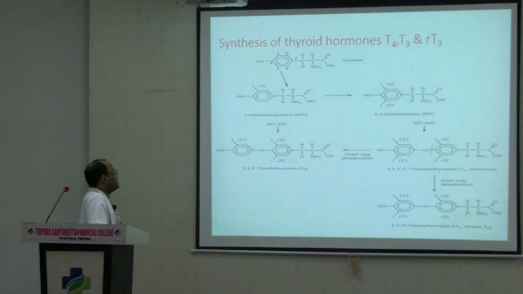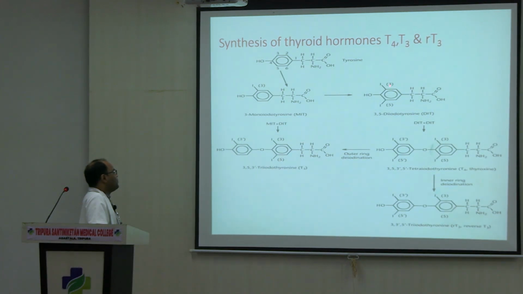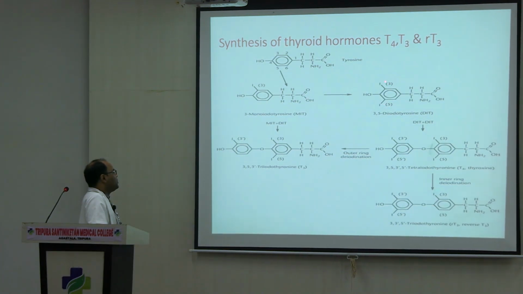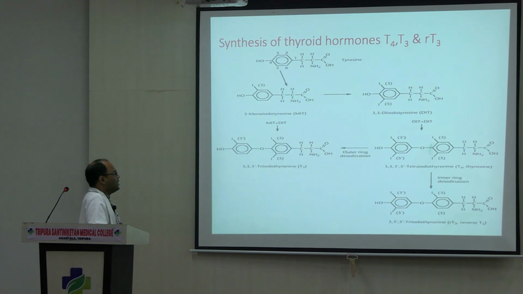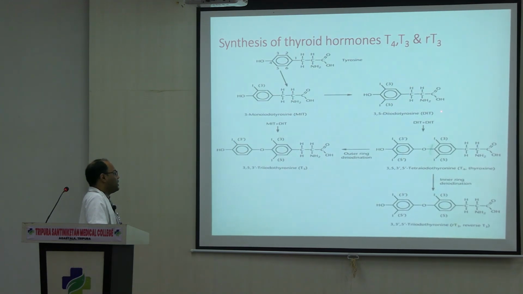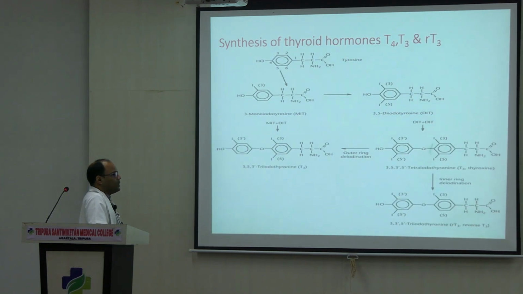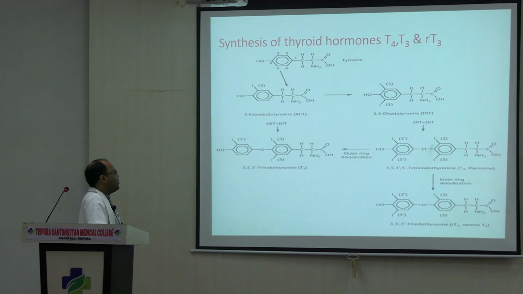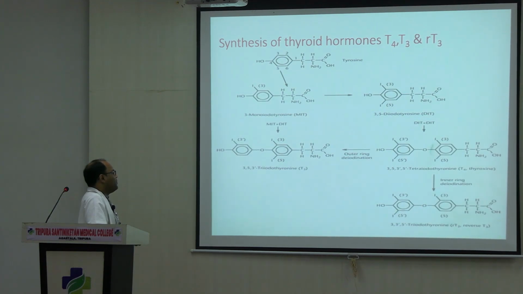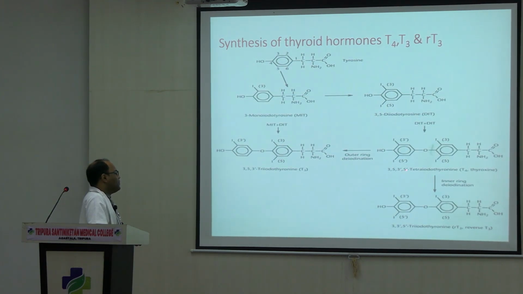Another iodine can attach at the 5 position, so at the 3 and 5 positions, forming 3,5-diiodotyrosine, DIT. Then coupling occurs, and two diiodotyrosines bind to form 3,5,3',5'-tetraiodothyronine, or T4.